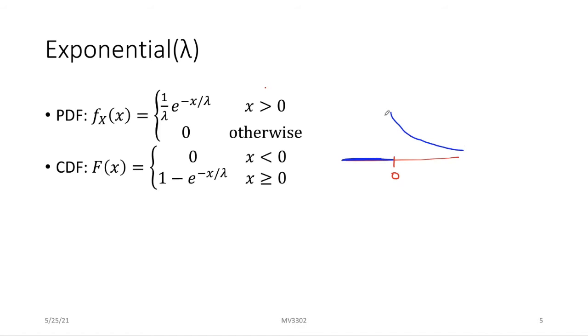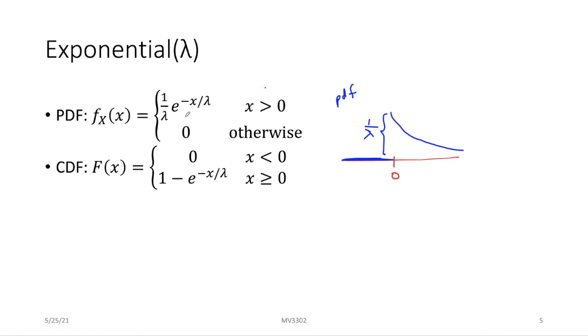And the height of this is 1 over lambda. That's because in this particular parameterization, the mean turns out to be lambda. Sometimes you'll see it flipped, lambda e to the minus x times lambda, and for that the mean is 1 over lambda. But here we want to parameterize our exponentials by the mean because that's the way we've been doing it. So this is our PDF, and it looks like this.